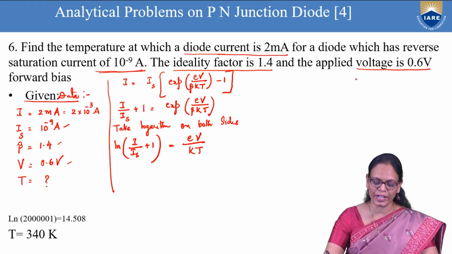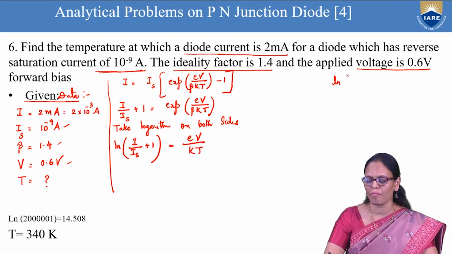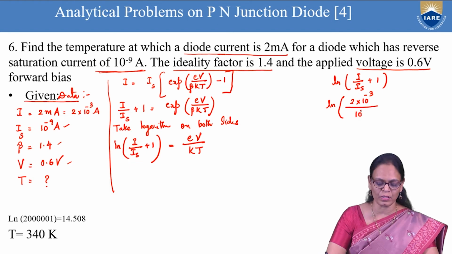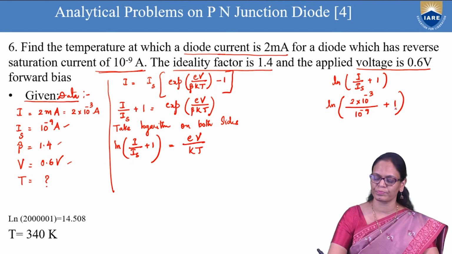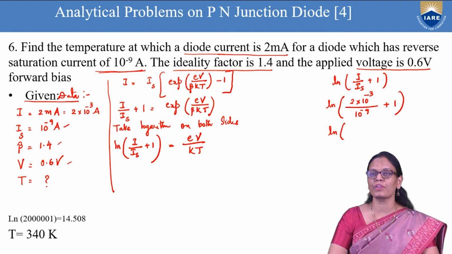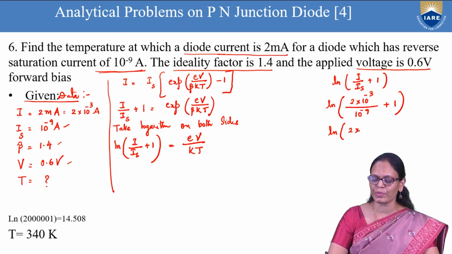So again we'll find the value of ln I by IS plus 1. So we have ln, what is the value of I? 2 into 10 power minus 3. And what is IS? 10 power minus 9, plus 1. If it goes up, it will be plus 9 and minus 3. 2 into 10 power 6 plus 1.